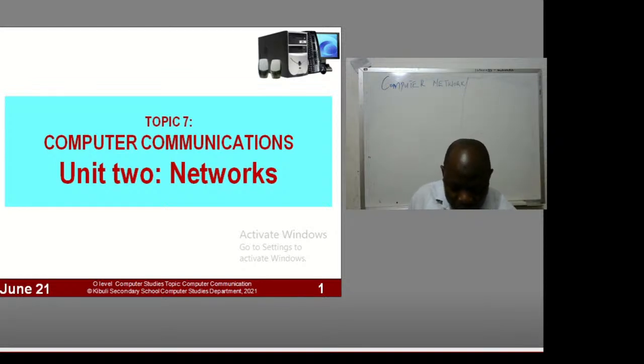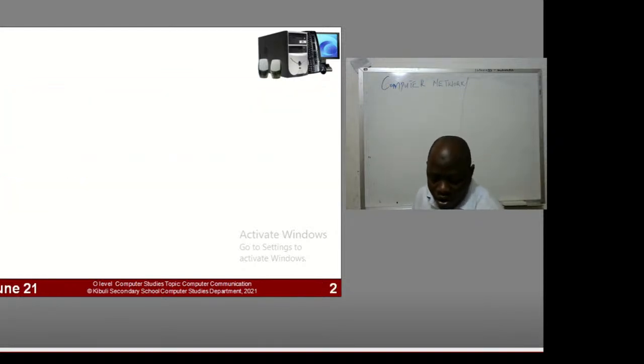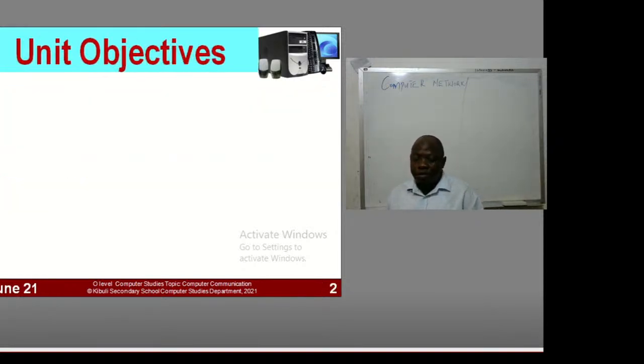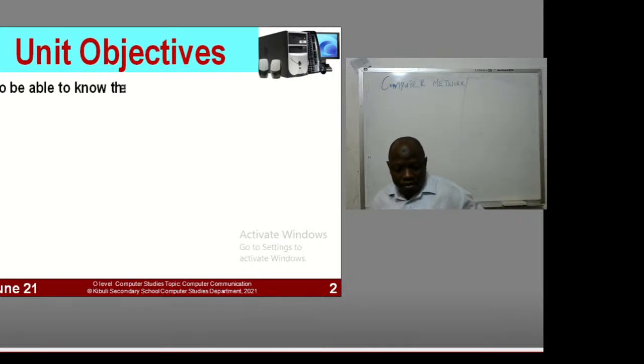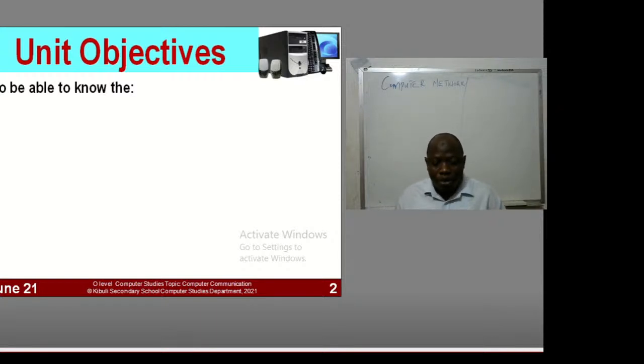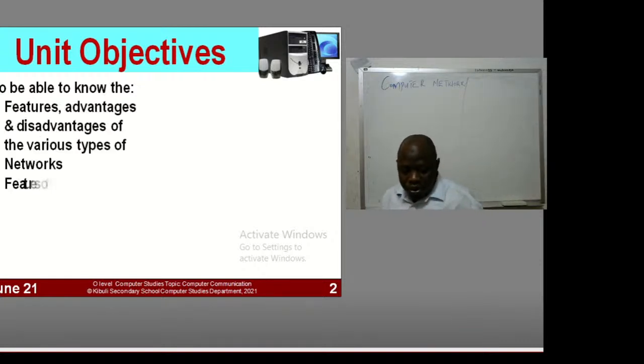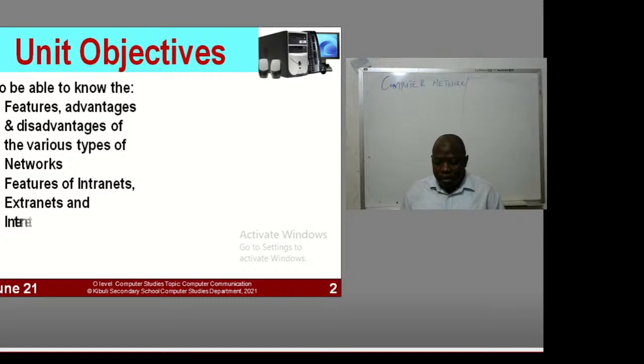But then, we shall start with a few objectives of what we call computer networks, as you will be seeing on my preview as it comes in. Some of the objectives include the following.